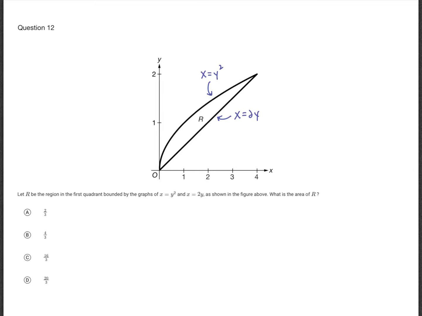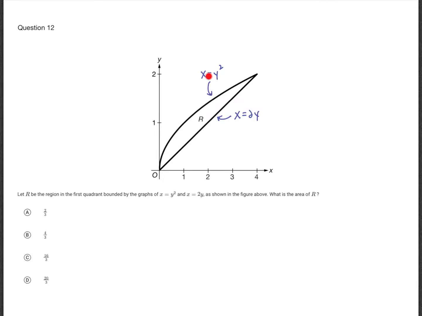So we're doing right minus left. Okay, and then since everything will be in terms of y, we'll have to figure out what's the interval that we're going to integrate over. This is kind of the y distance. It goes from the smallest y value up to whatever the biggest y value is.